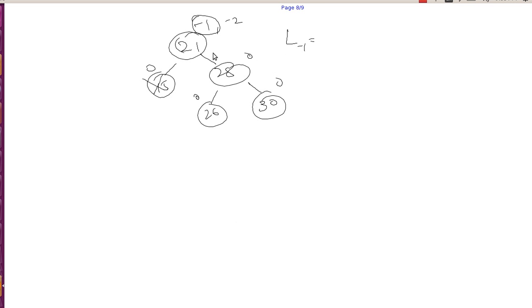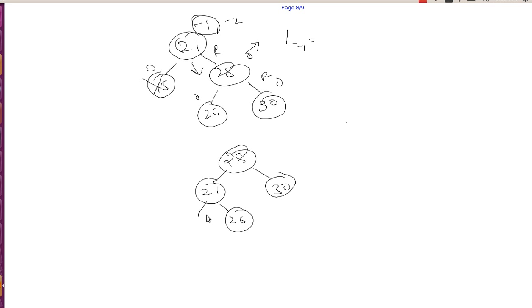So with respect to this node, you apply RR rotation. Whenever you have RR, pull the element between both the R's. So the resultant tree will be 28, 30 will be the same for you. So 21 falls onto the left-hand side, so 21 comes here. Previously this place was occupied by 26, so you compare 21 and 26, 26 is greater than 21, so 26 comes here. So this is your resultant tree.